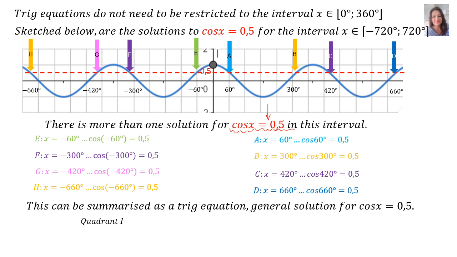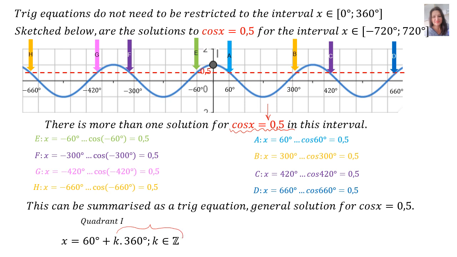So the sign is positive, so we say where is cos positive? It's in the first quadrant. And then you write x is equal to 60. This is that acute reference angle we calculated. And then for the specific solution, you add plus k times 360, k element z.